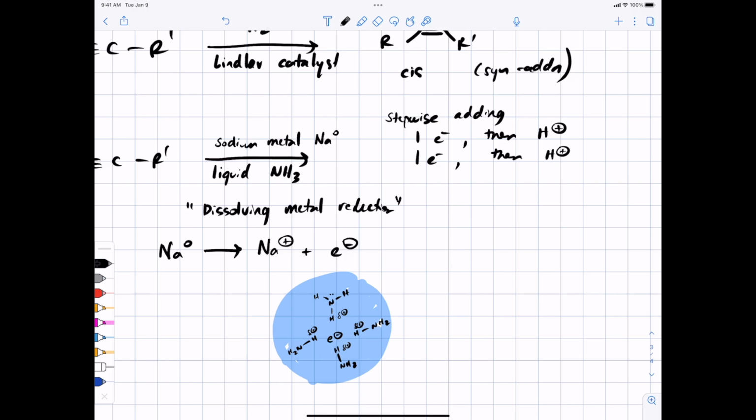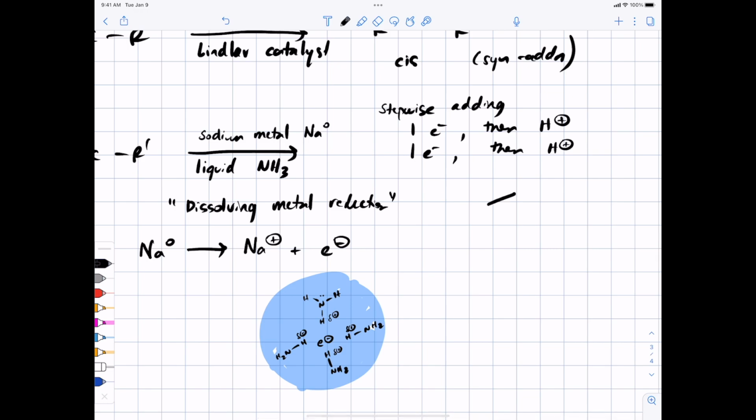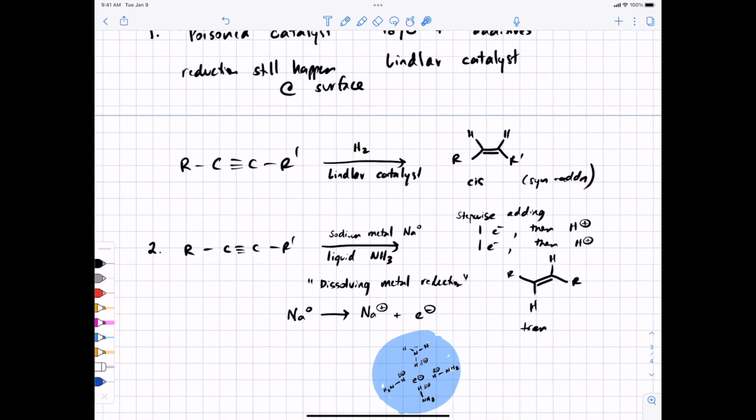That stepwise nature of the reduction causes you to get the trans alkene, because you're not adding the two hydrogens at the same time, and you're pausing at an intermediate where the hydrogen could either add from above or below, and it does so preferentially from below so that you can get the more stable trans alkene, sorry. So without mechanism, these are probably reactions that you're going to need to memorize.